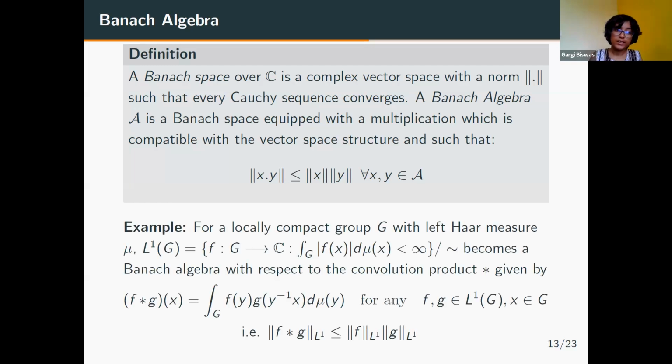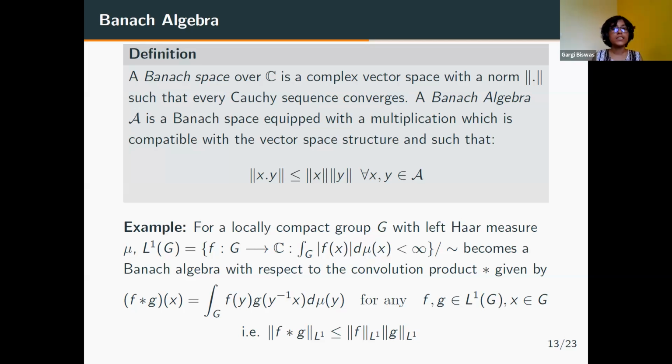One very important example that also appeared in the first theorem by Johnson is L1(G). So what is L1(G)? It's the set of all functions f from G to C such that the integration of |f| with respect to the left Haar measure is finite. And we take equivalence classes of all such functions, where f is equivalent to g if and only if f is equal to g everywhere except on a measure 0 set.